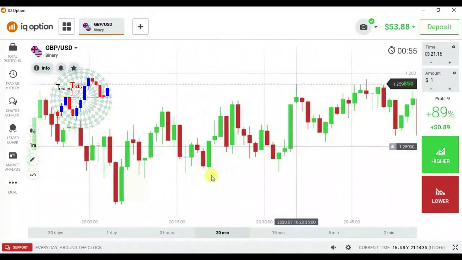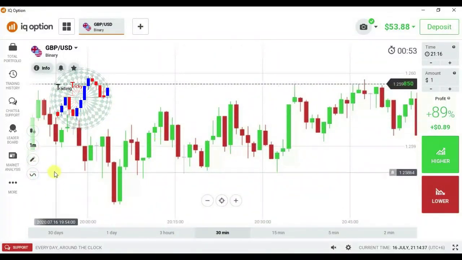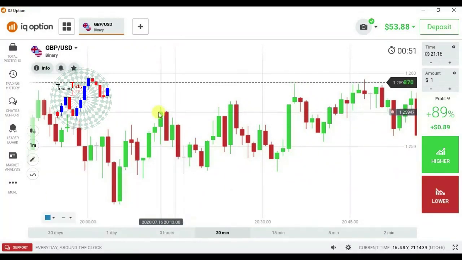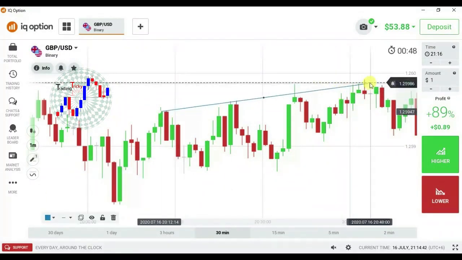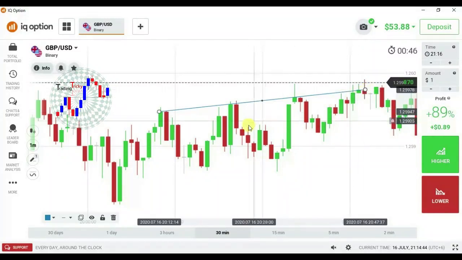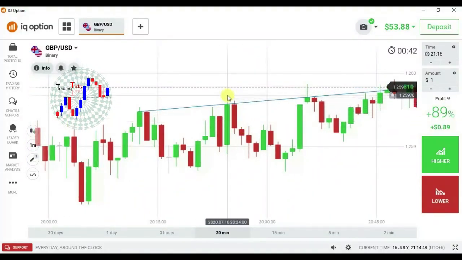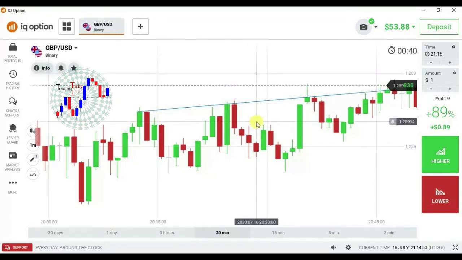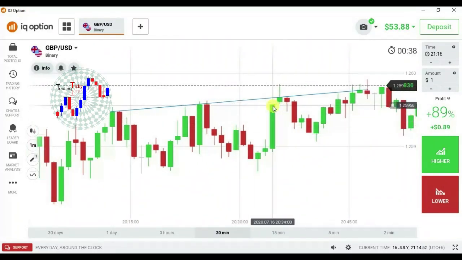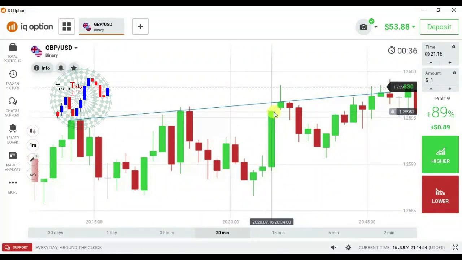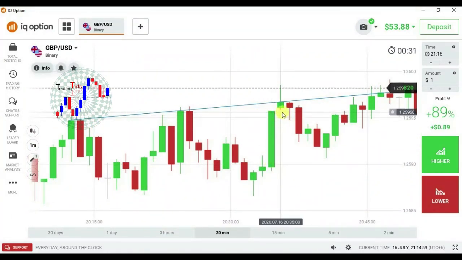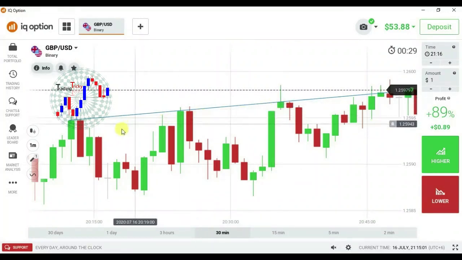Okay, as you can see, this is the price line. When the price comes here, we can see the price is going down, and here the price also increases strongly, but still there is some gap.